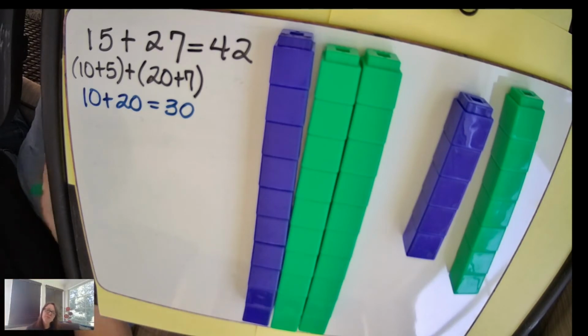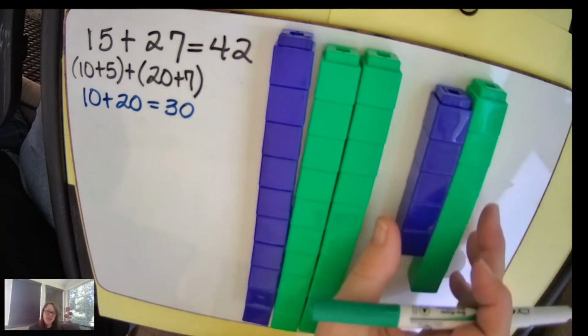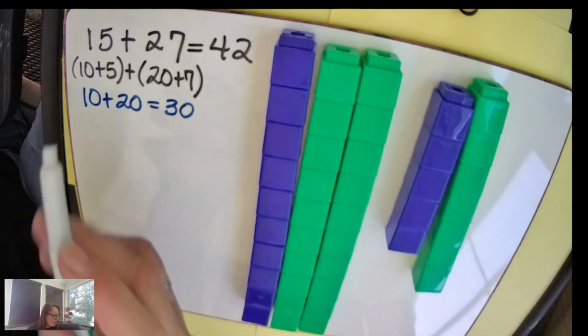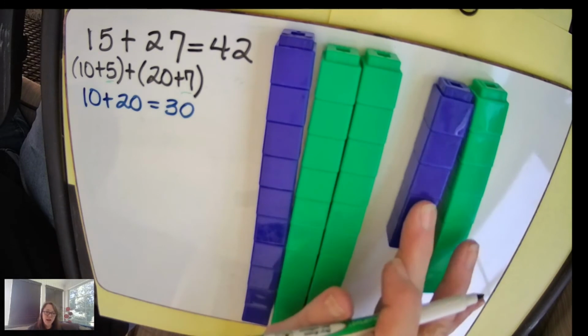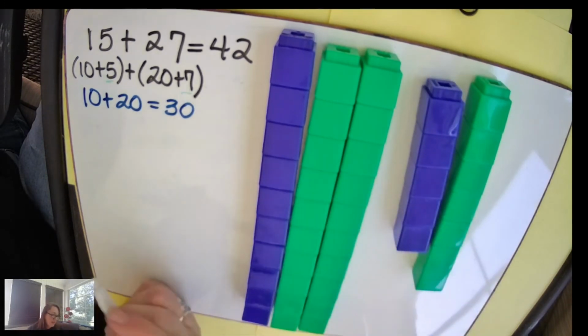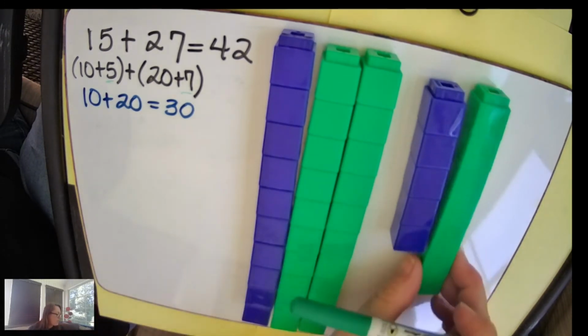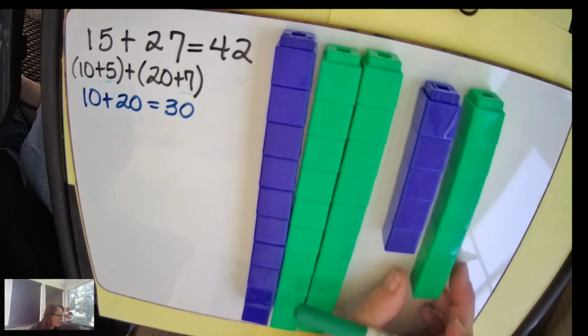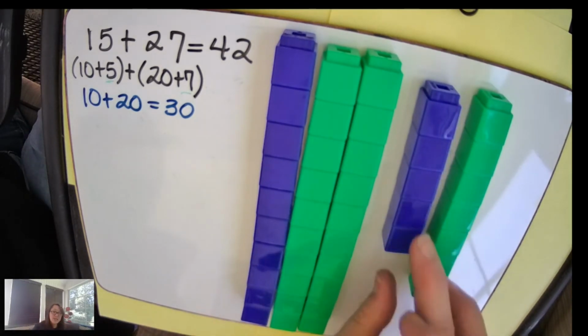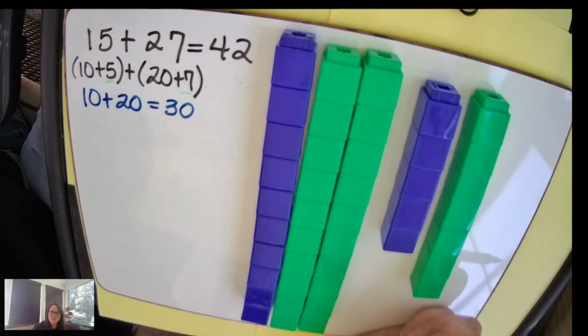Okay, Lydia? All right. So then she says that when she was adding the ones, the 5 plus the 7, she wanted to make another 10. So how did you make that 10?